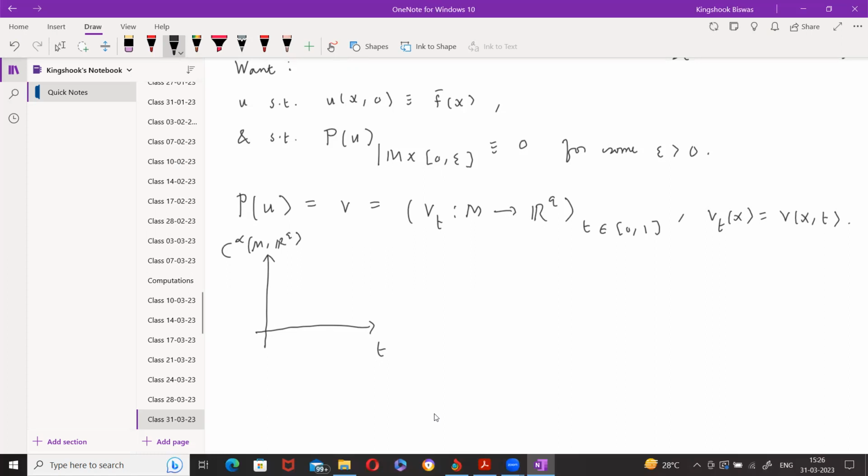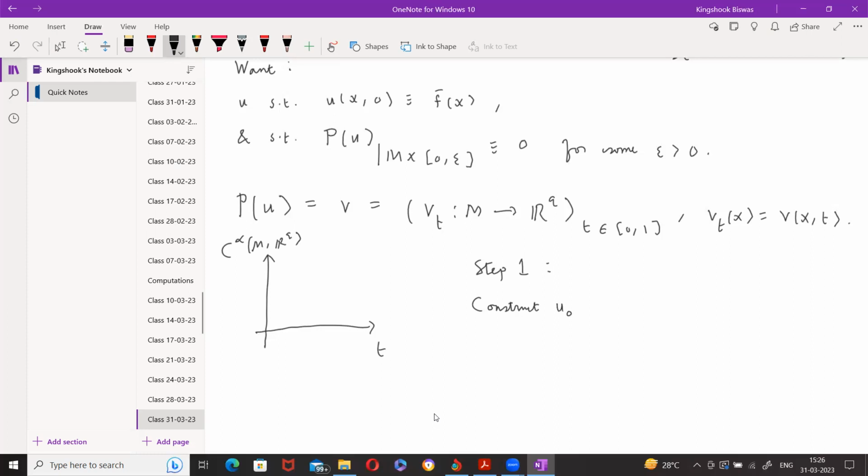So what we will do in step 1 is you construct U naught.